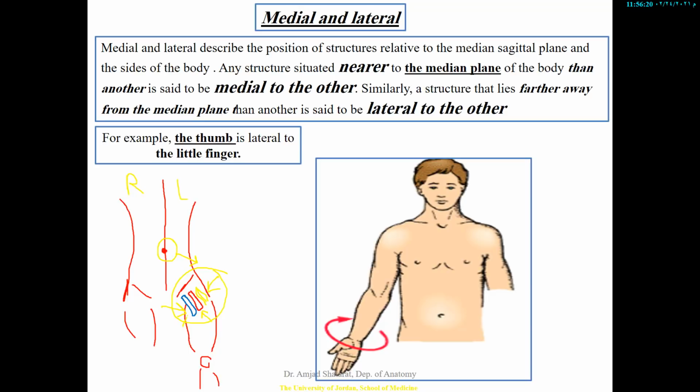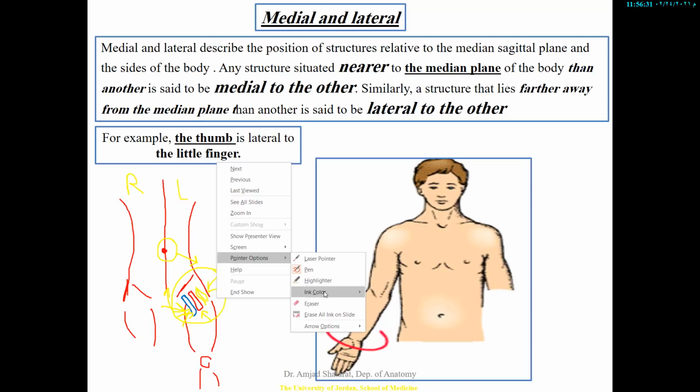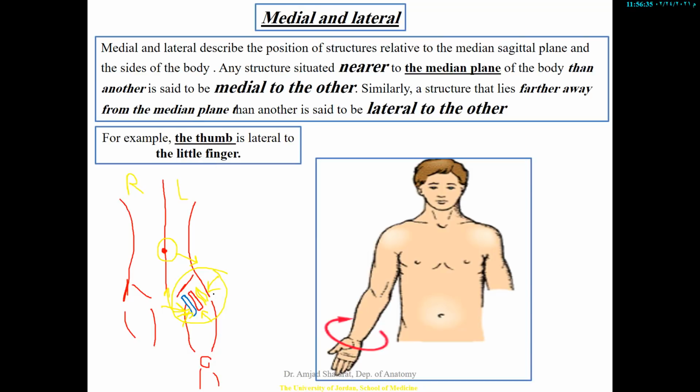This blue structure, the vein, because it is the closest one to the midline, we call it medial. And look at the nerve, because the nerve is far away from the midline, we call it lateral. So this is lateral and this is medial.